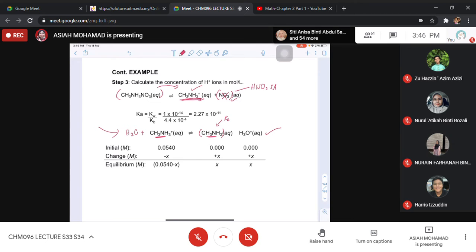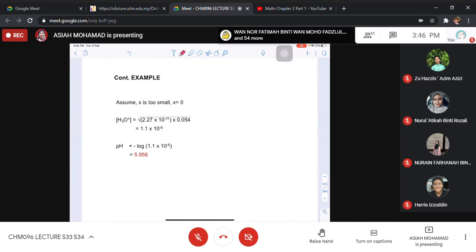Alright, okay. So once you construct this hydrolysis reaction to produce H3O+, we can find H3O+ by either constructing an ICE table or using this simplifying method. So H3O+ is equal to square root C times Ka.